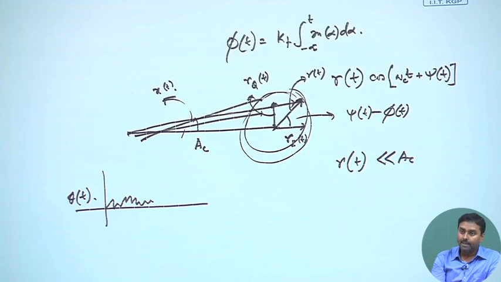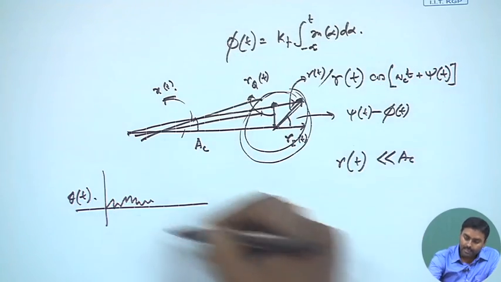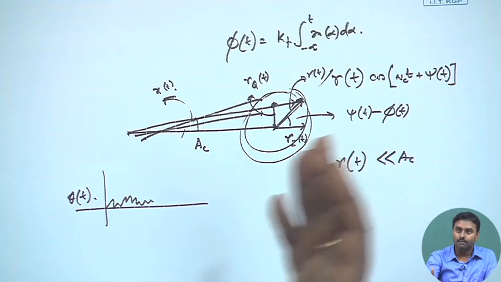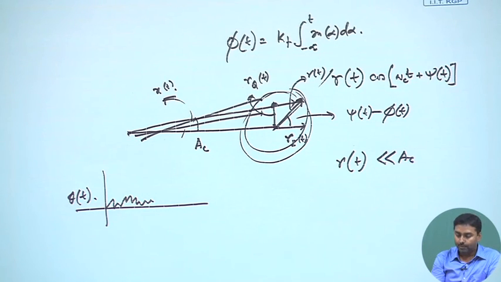But what will happen if this amplitude becomes bigger? Then the circle that it wanders around becomes much bigger, and we will see in the next class what might happen.